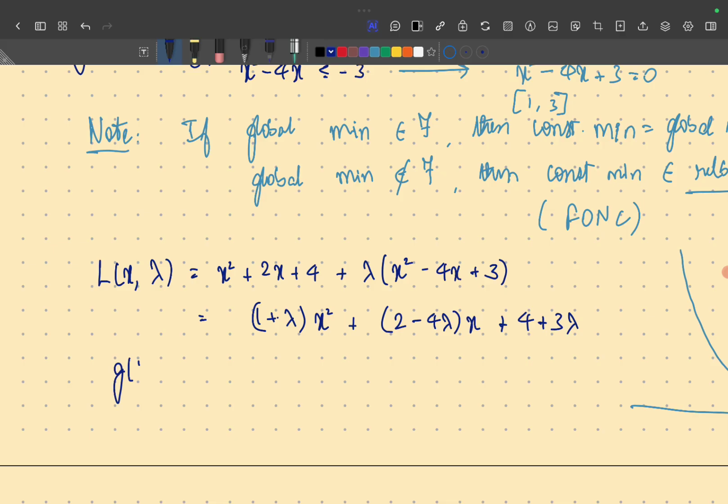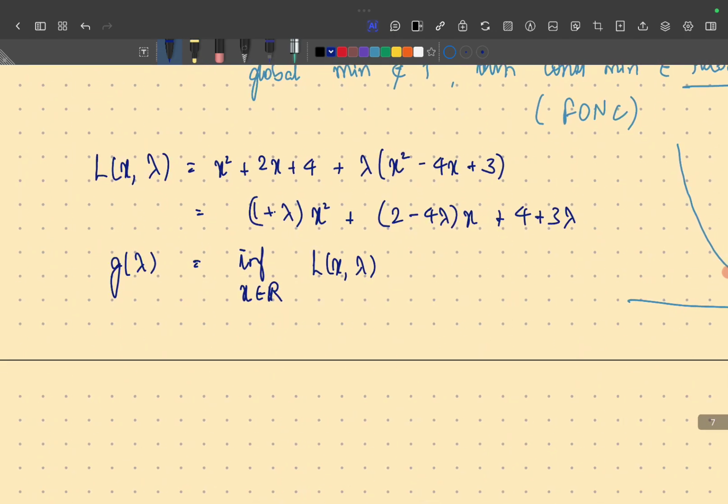And the Lagrange dual is going to be the infimum over all x in R of L of x comma lambda. Now, what is the infimum going to be equal to?